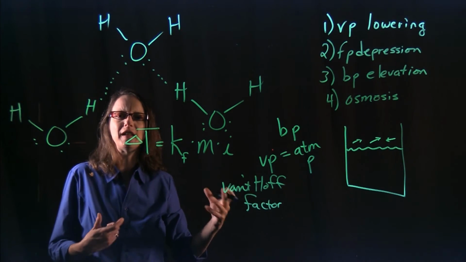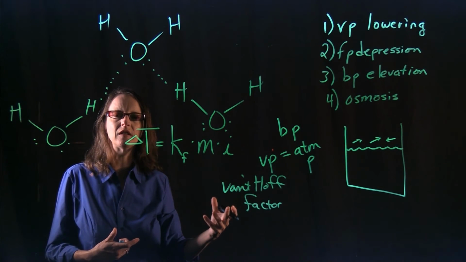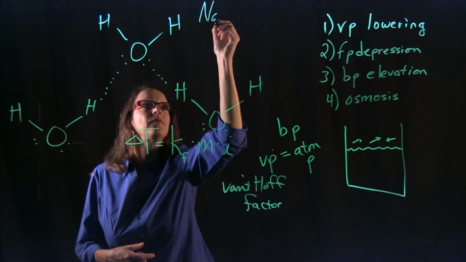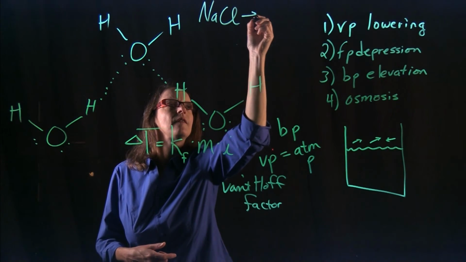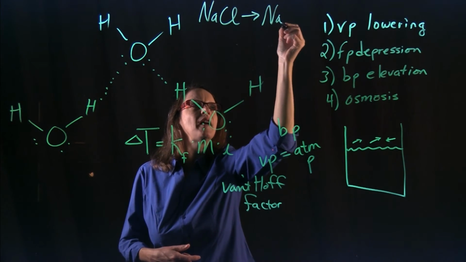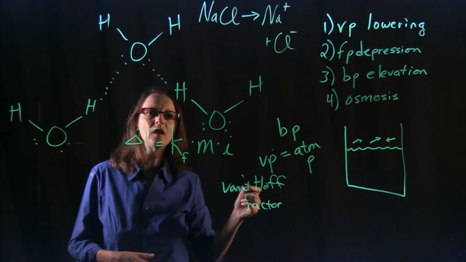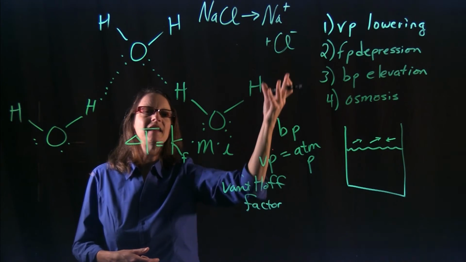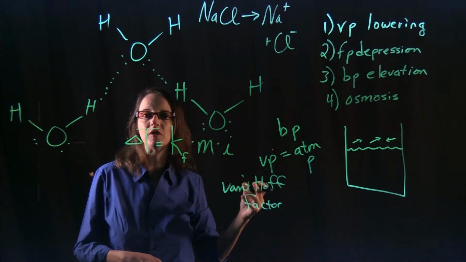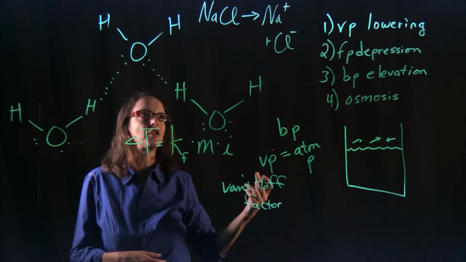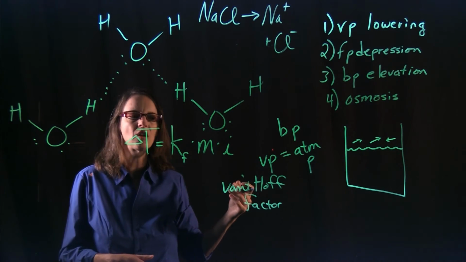And it refers to the number of ions that are released in solution. For example, sodium chloride dissociates to sodium ions plus chloride ions in water. So we would assign a Van 't Hoff factor of 2 to sodium chloride because it produces 2 moles of ions in solution for every 1 mole of solid dissolved.